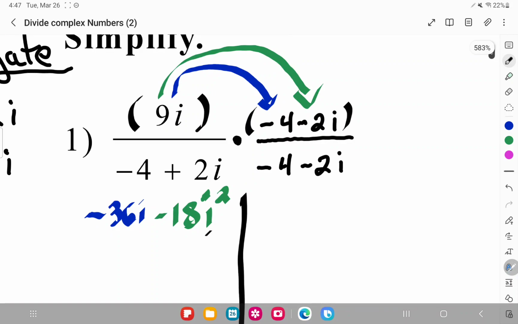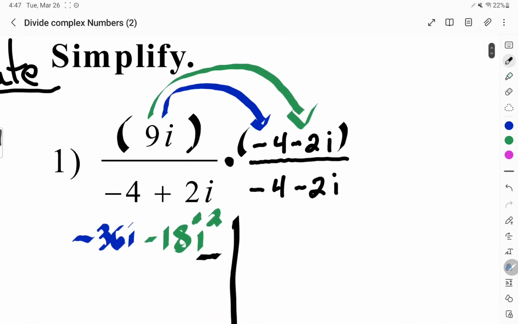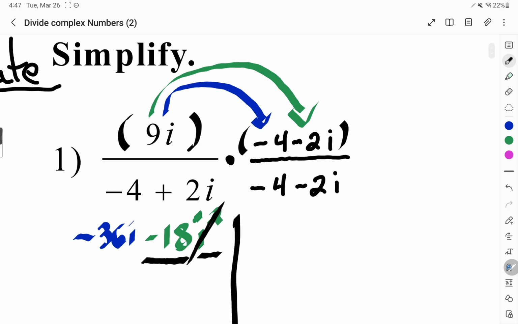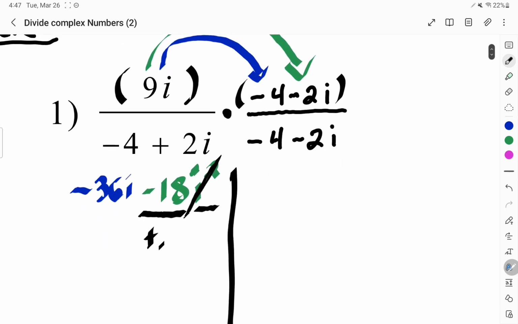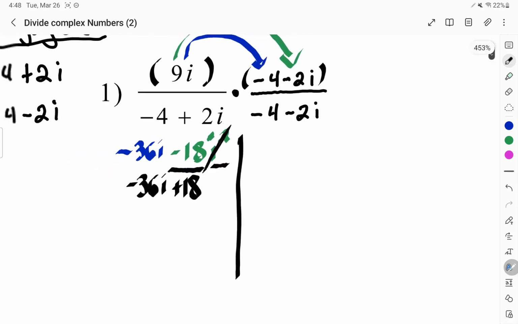Whenever you have i squared, I want you guys to do the following. You're going to cancel out the i squared, and whatever number's in front of it, in this case negative 18, you're going to change the sign of it. So in this case it's going to be positive 18. And then you just bring everything else down. So it's negative 36i plus 18.